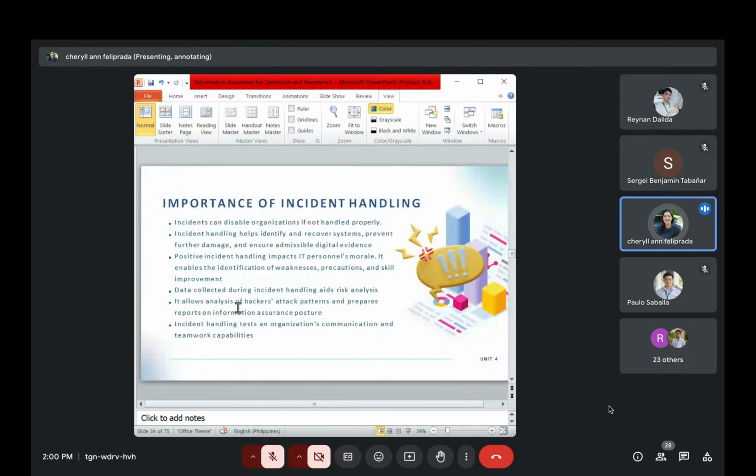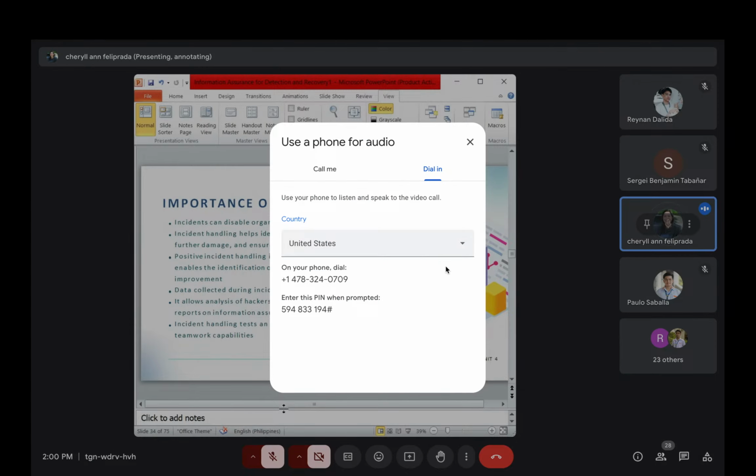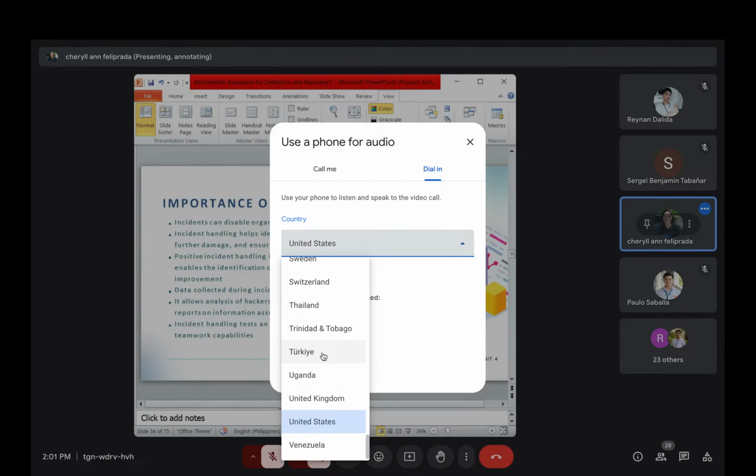So what is really the importance of incident handling? Incidents can disable an organization if not handled well. If the test results identify the proper systems, it can prevent further damage or administer digital events. Another one is a positive impact on IT personnel.